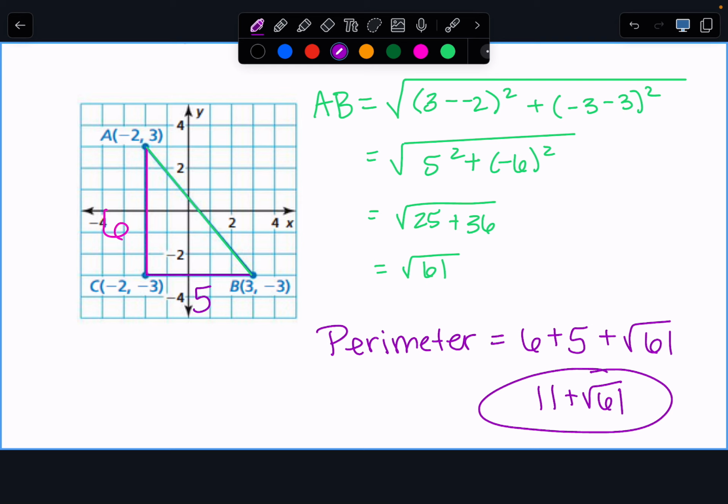Can I go on the board and do something? It does relate to this. Okay, come, you can point something out. Are you going to do the Pythagorean theorem? Those 6 and 5 are the same distance.